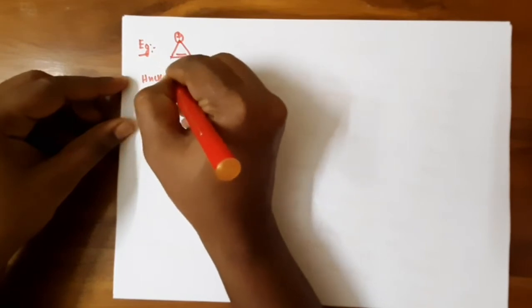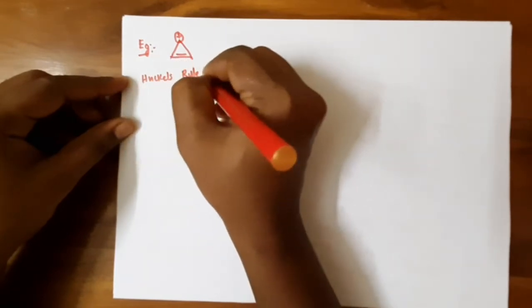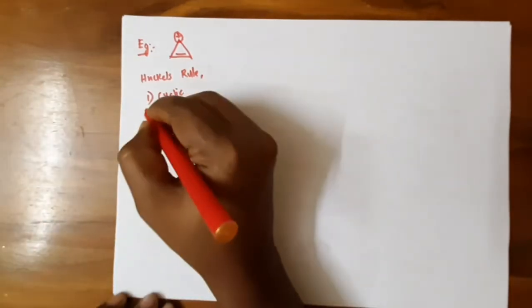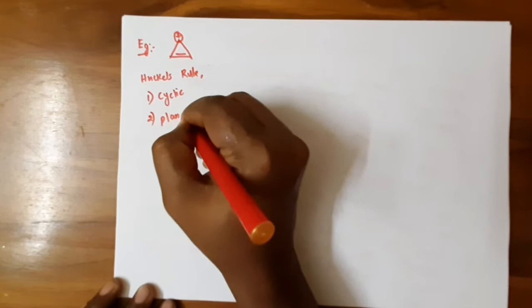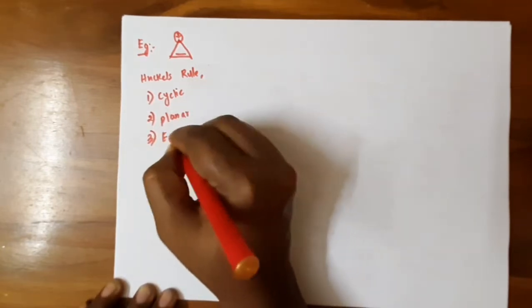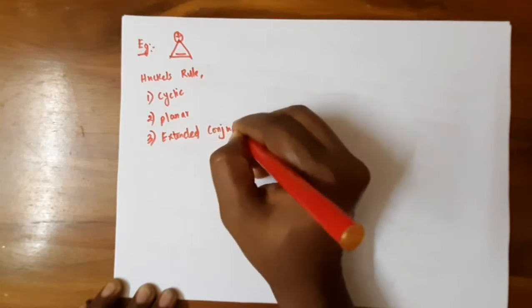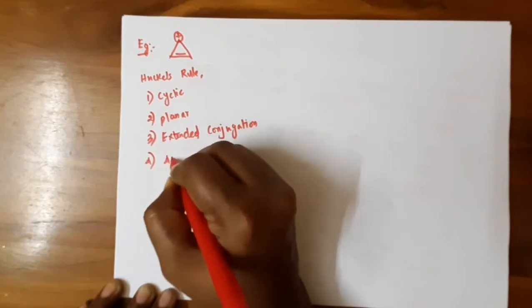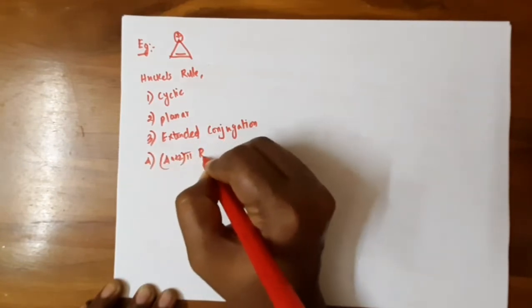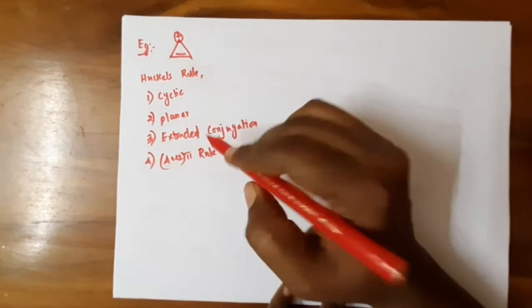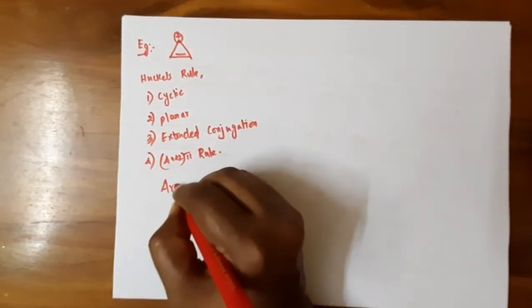As per Huckel's theory, for a compound to be aromatic, it should be cyclic, second planar, third have extended conjugation, and fourth obey the 4n+2 pi rule. If it obeys all the above criteria, then the compound will be considered aromatic.